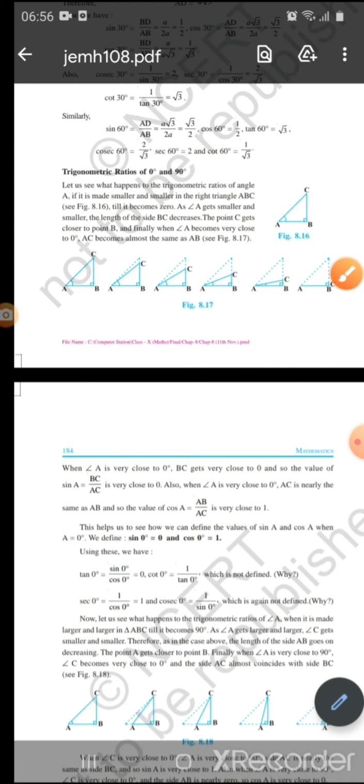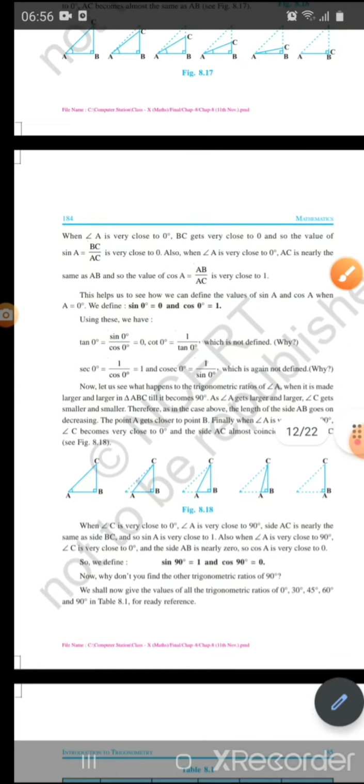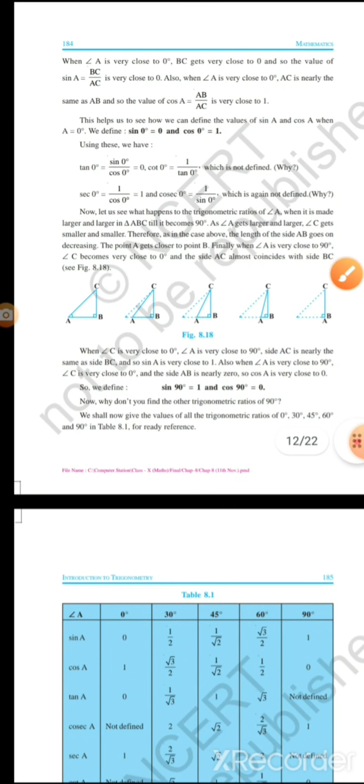So it will be 0 upon 1. Hence the value of tan 0 will be 0. Now the inverse of tan 0 is cot 0, that is not defined, since 1 upon 0 becomes infinite. So this is how we can find out the different trigonometric functions.